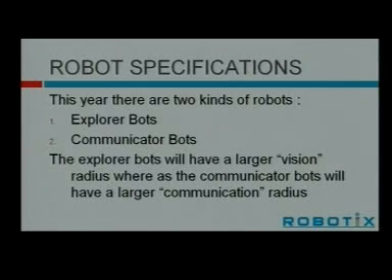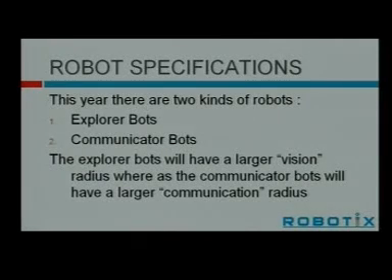A communicator robot, on the other hand, will obviously have a larger communication radius, so it can send signals to bots which are further away than itself. So a communicator robot may not be able to see as much, but it will be able to tell other robots about things which it sees. This is the most major modification that we are making to Mission Mars this year, bringing in two qualities of robots.